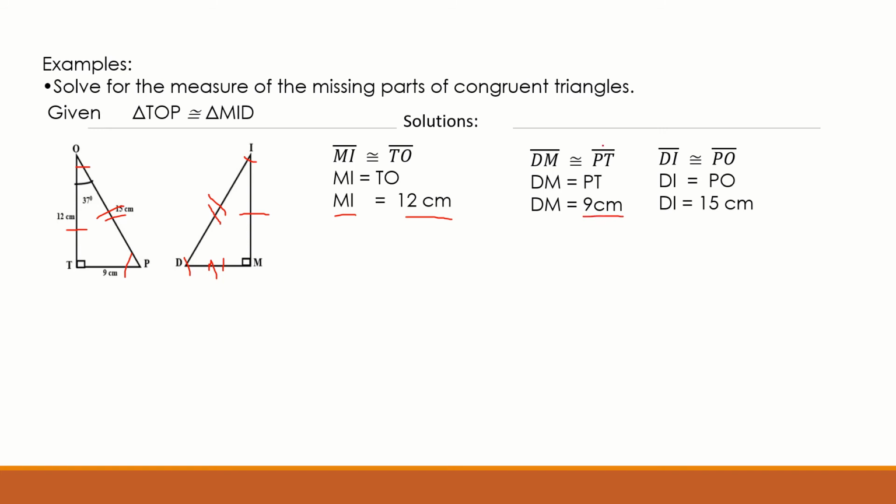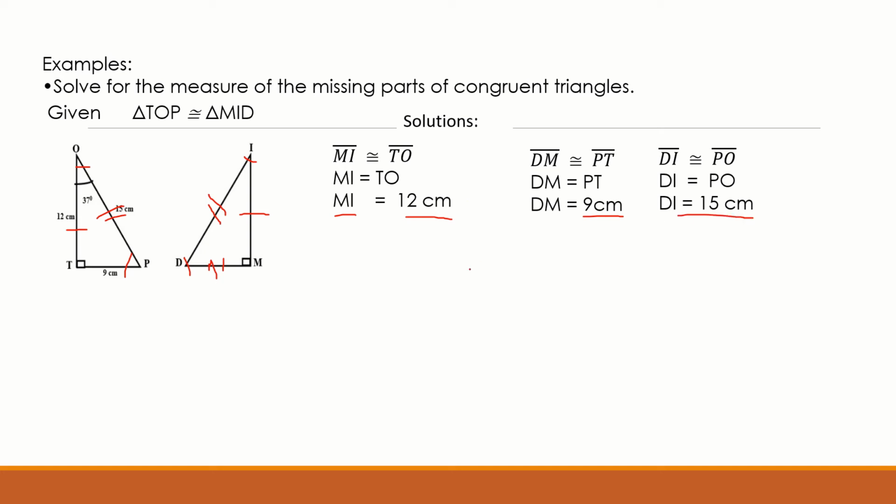And we have, okay, the last side, we have DI. DI is congruent to OP or PO. Therefore, pareho din sila ng sukat. Okay, so kung ang PO is 15 centimeters, ang DI is also 15 centimeters.